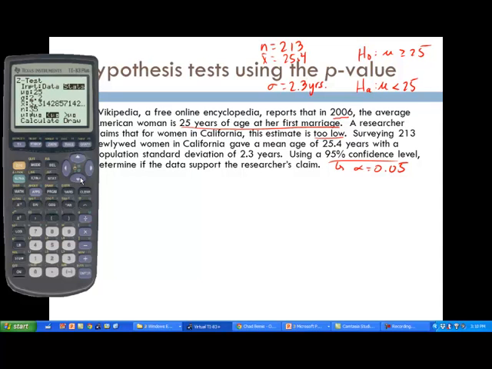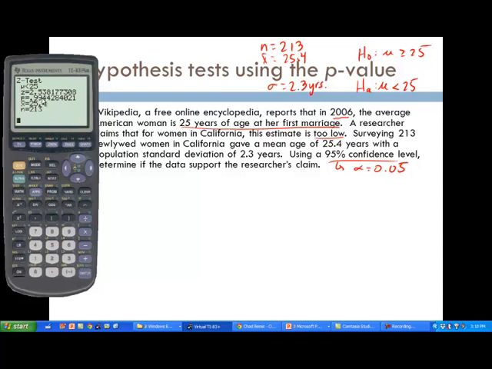The sigma is given to be 2.3. X bar is 25.4. That's the sample. N is 213 values. And would it be a left, right, or two-tailed test? Based on this symbol less than, we use less than, which is a left-tailed test.